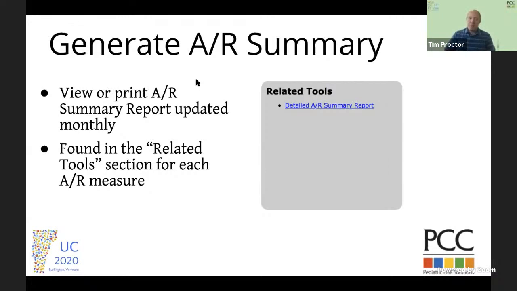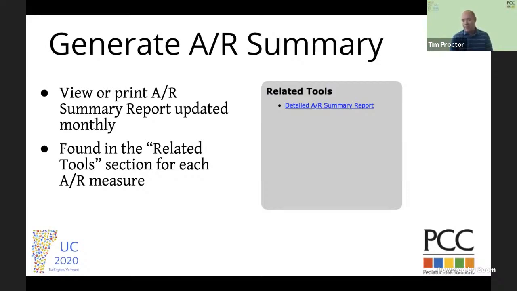The dashboard is also a place where you can drill into your AR a little bit more. We have a variety of operational reports within PCC, like insurance aging or other billing reports. We also have higher level summary data for the AR in the dashboard.